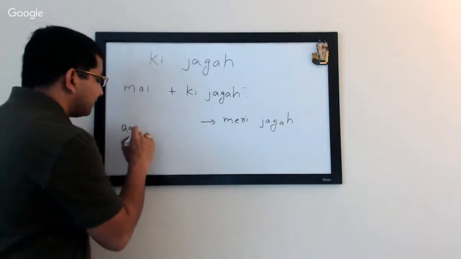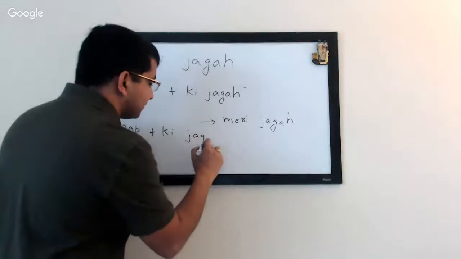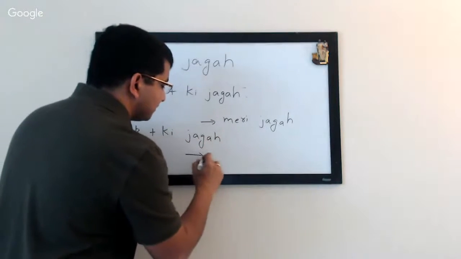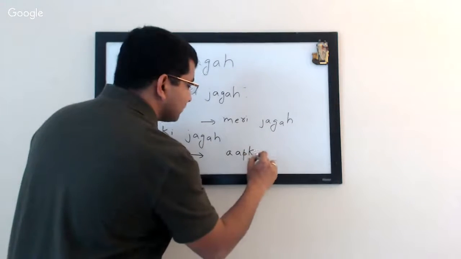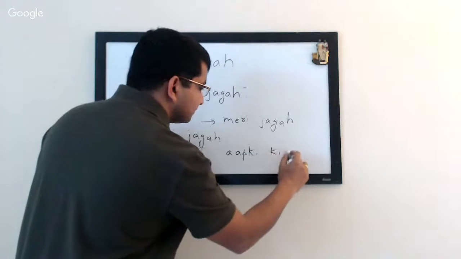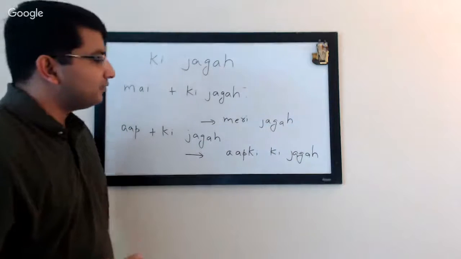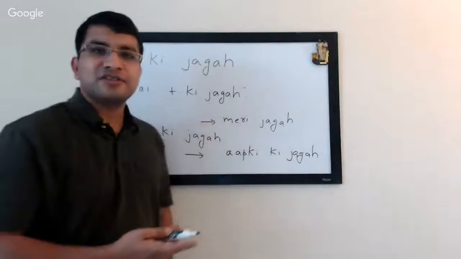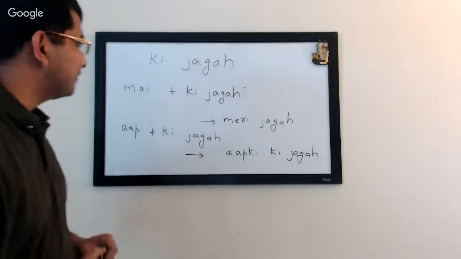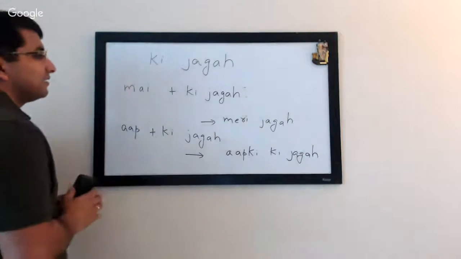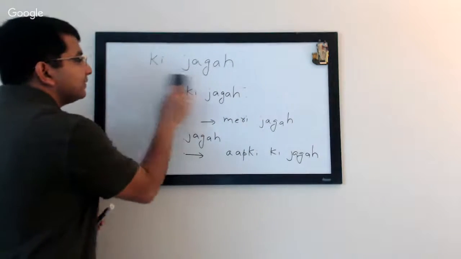You have आप plus की जगह, आपकी जगह, in place of you. Okay, but still not very clear, right? What do you mean by that? Like आपकी जगह, in place of you. So let's see how we can make bigger sentences with that. But as of now, just focus on the compound post position keyword, right?